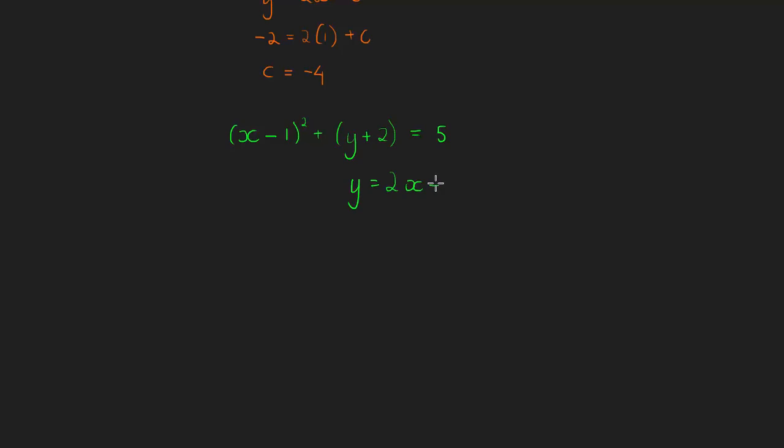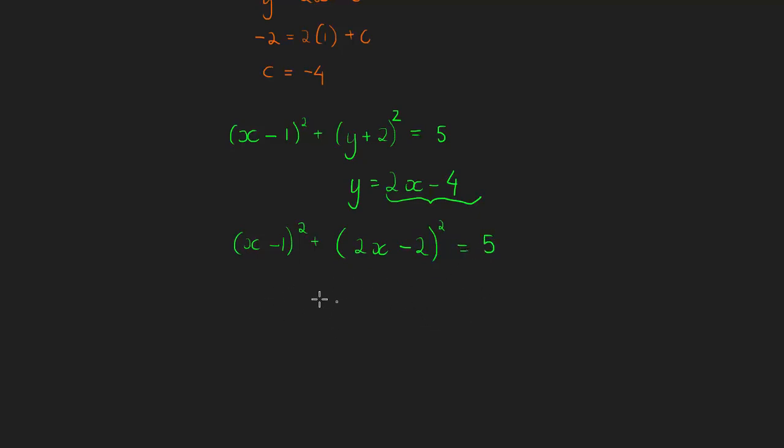To solve this simultaneously, I can substitute y in this first expression with this. So I have 2x minus 4 plus 2 gives me -2, is equal to 5. And now it's just simplifying.